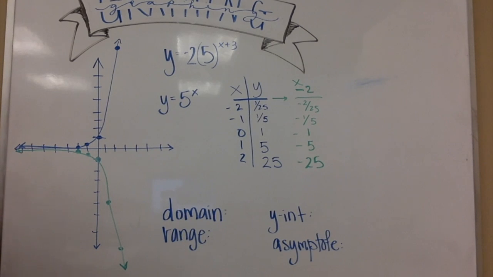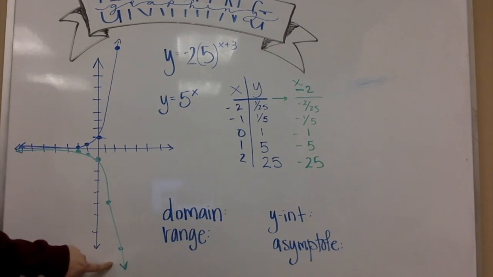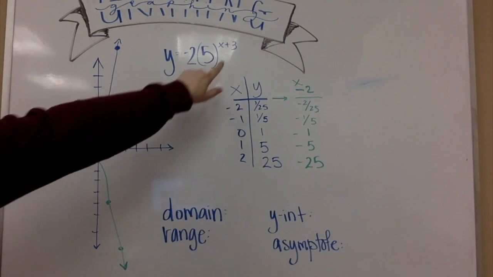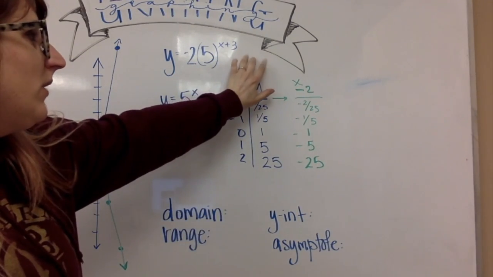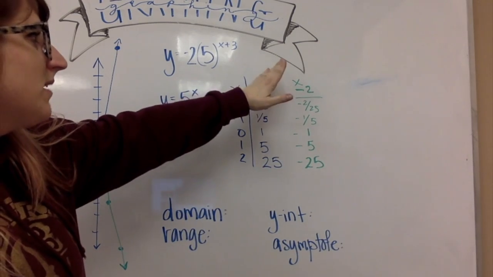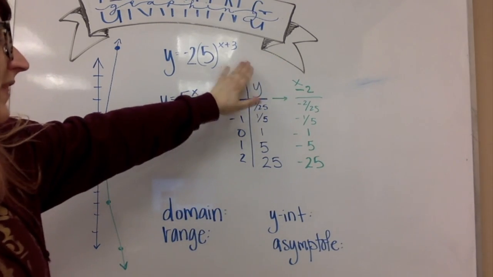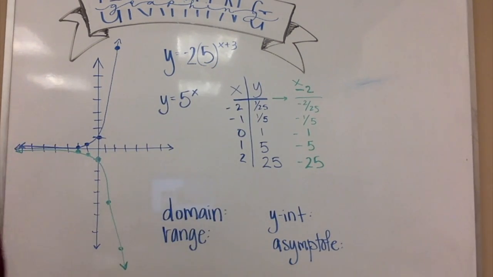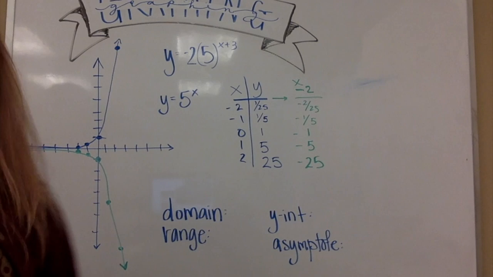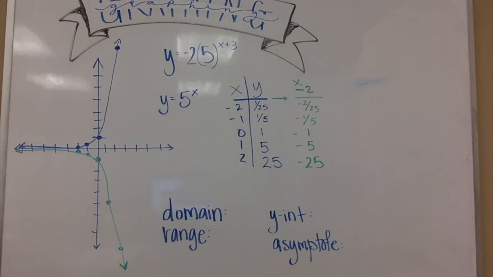Lastly, I'm going to take each of these points and I'm going to translate them 3 units left. All right? If I had another thing going on over here, like it was plus something, then I'd be going up or down. But since I just have a +3 right here, that just tells me I'm going to go 3 units left for my last translation. So I'm going to take every single point and move it 3 units to the left.